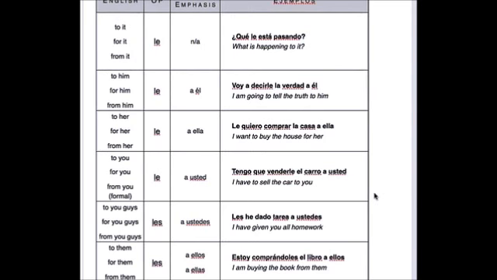Because le can also be for him. Correcto? What was that again? Yo he comprado lo. Yo le he comprado algo a él. Yo le he comprado algo a él. Right?